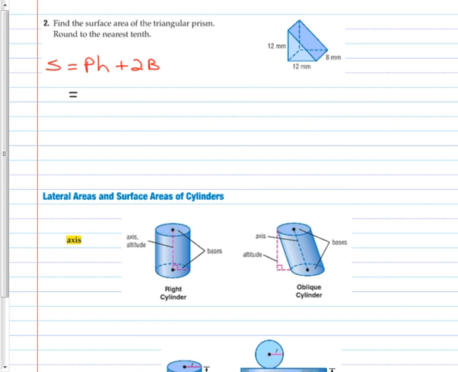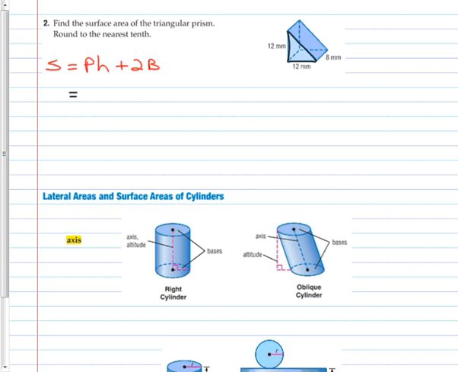I need to identify the base, because that's involved in the perimeter and the area of the base. What's my base of that picture over there? It's the triangle right there. How do I know that's the base? That's the shape that if I pushed all the way through the figure would make that prism.